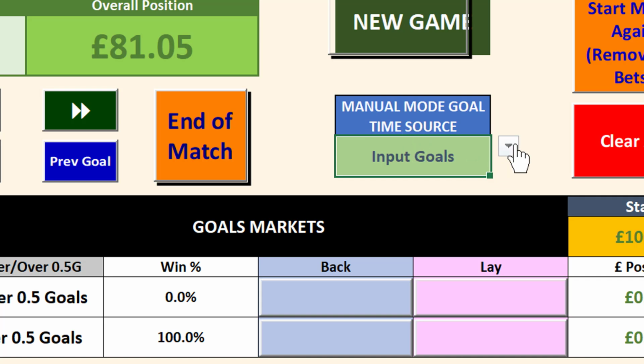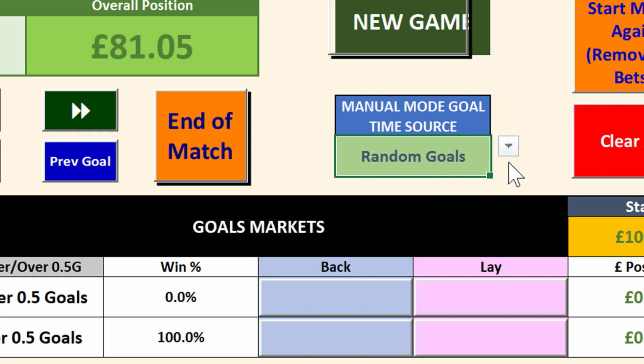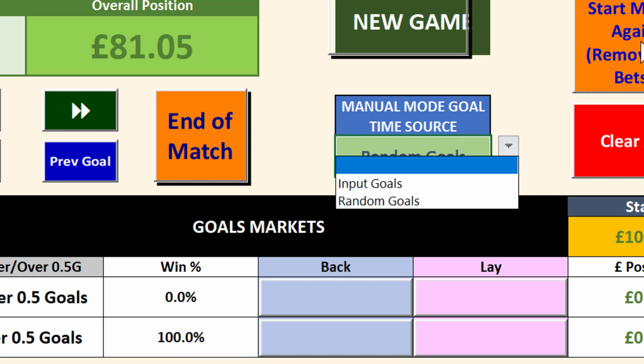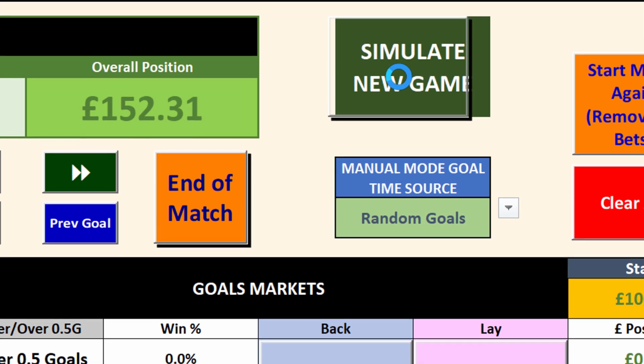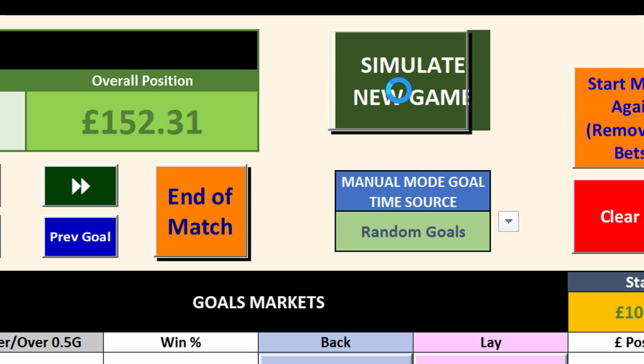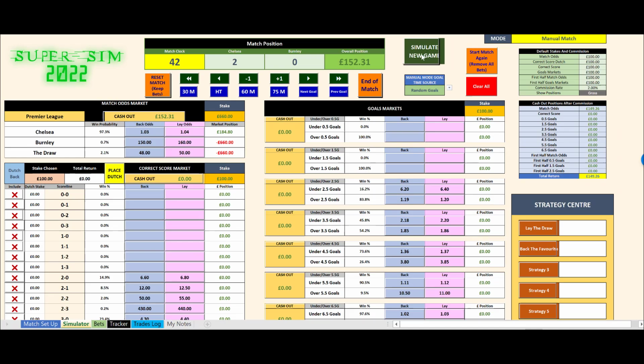Now we've inputted the goals already, but we want it to be randomized. So we click on random goals, and then we're going to simulate new game. What it's doing now is it's actually going to load a game from the background and reset the market.